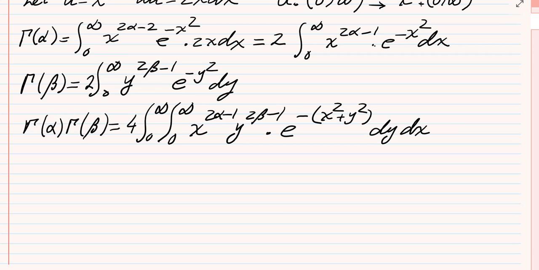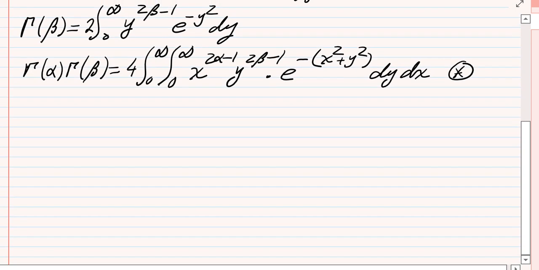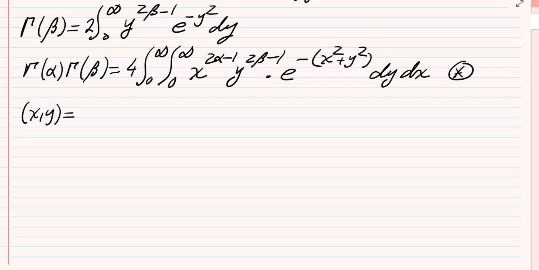Okay, now let's actually make a transformation at this point to evaluate this double integral. Our transformation is going to take us from the xy coordinate system to a polar coordinate system comprised of r and theta. So we're making a polar transformation.